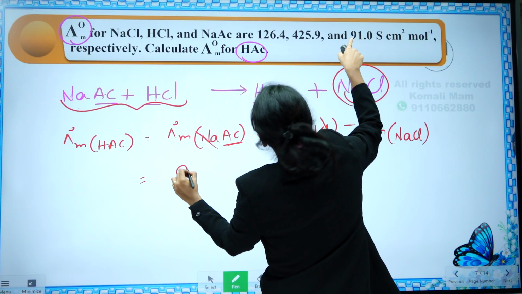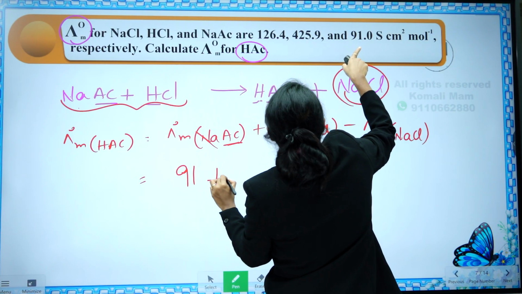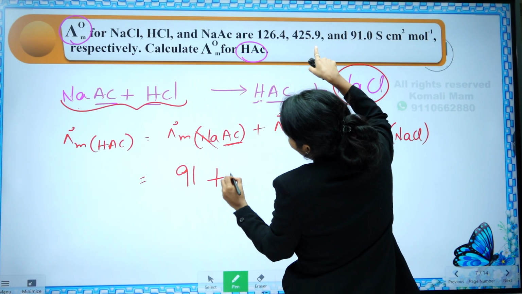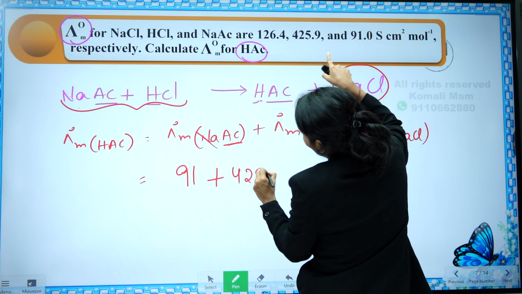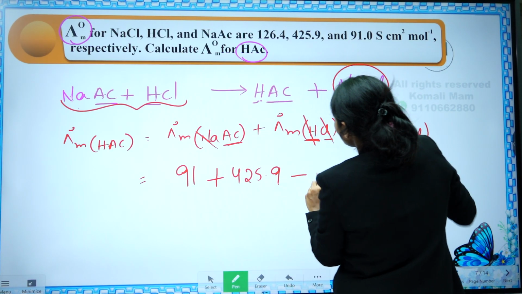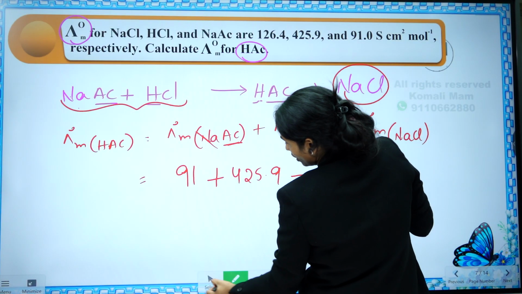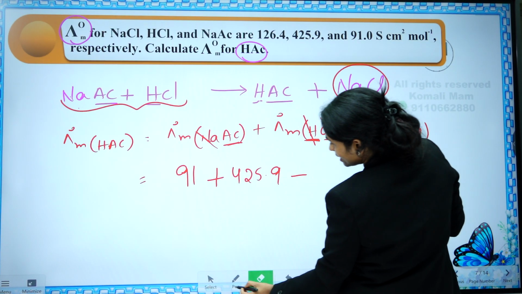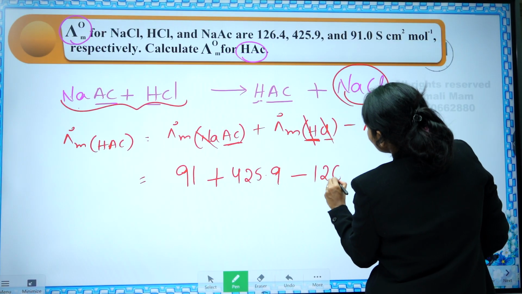Now, NaAC value, how much? Third one, 91, plus HCl, second one, 425.9, minus NaCl limiting molar conductivity. How much? NaCl is first one, 126.4.